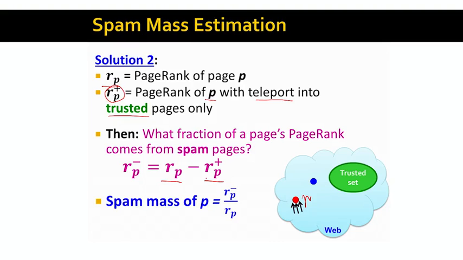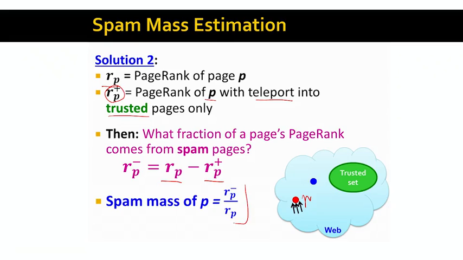What does this mean? Basically, we compute the PageRank score of a page using the simple PageRank where the teleportation is uniform. We also compute the PageRank score of a page where we always teleport to the trusted set of web pages. Now if a web page is really spam, then this difference will be high. Basically, there are a lot of other web pages on the web that we don't trust that really boost the importance of that page.